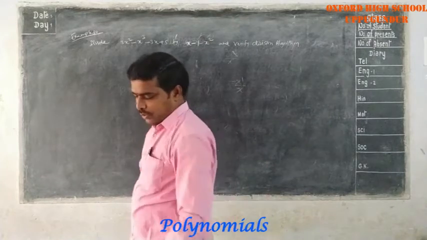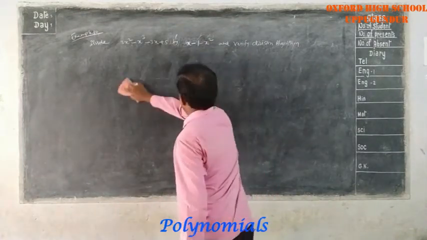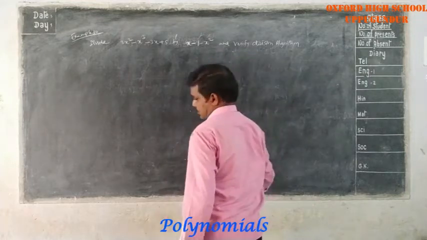So you have to divide the first polynomial by the other polynomial and verify the division algorithm.